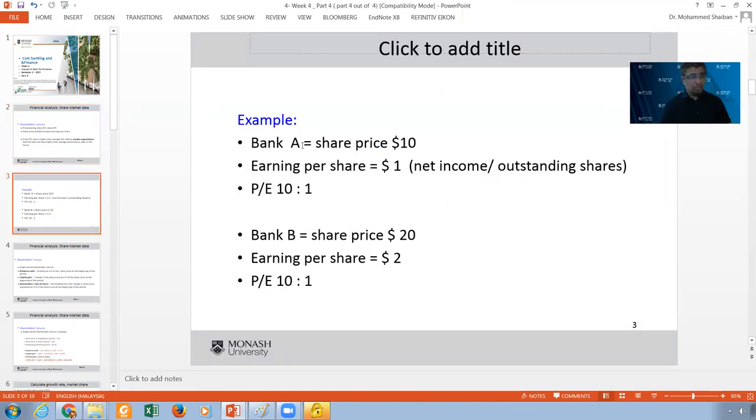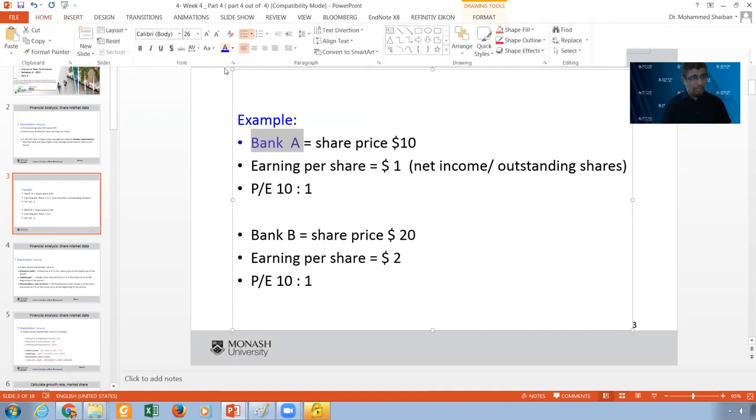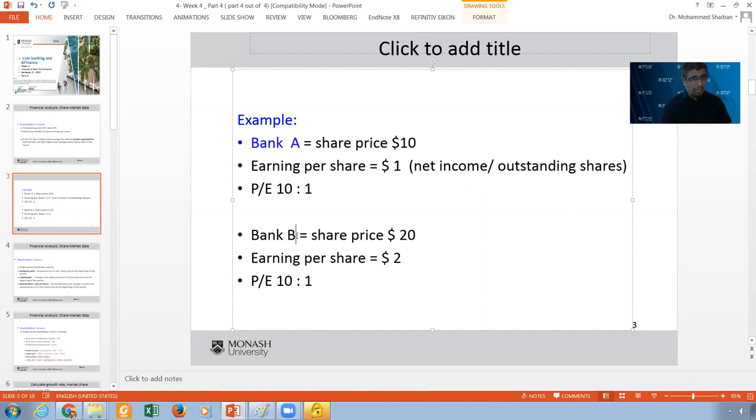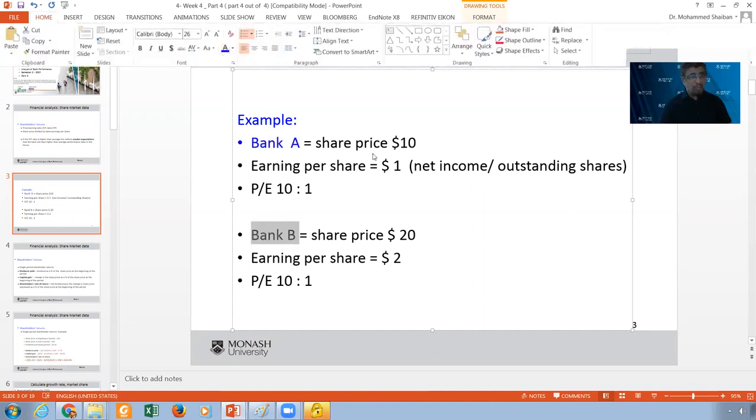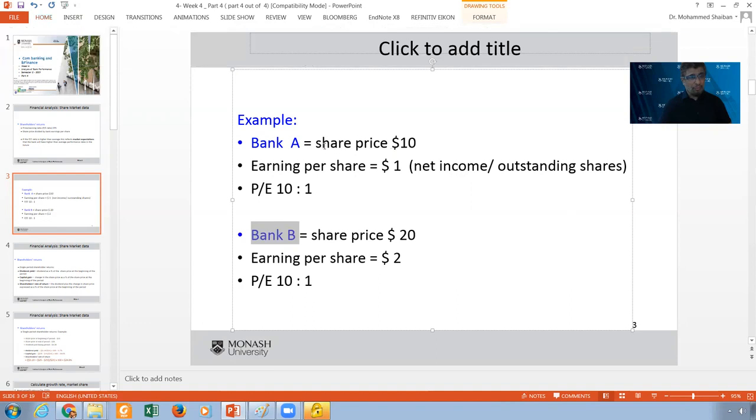Assuming that you have two banks, Bank A and Bank B. As of now, the share price for Bank A is 10, and the earning per share is 1. So I understand the PE is 10 to 1. Now, when we talk about earning per share, as I told you, it's the net income over the outstanding shares.